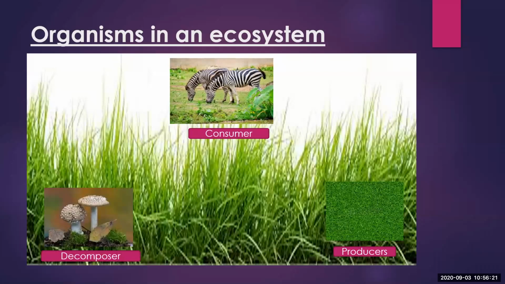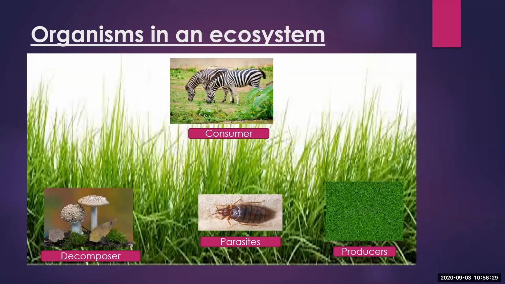Then you can see here, these are the decomposers. You are familiar with the word mushroom, which are decomposers. And there are parasites. What do these decomposers and parasites do when these animals or consumers die? They live on them and decompose them.